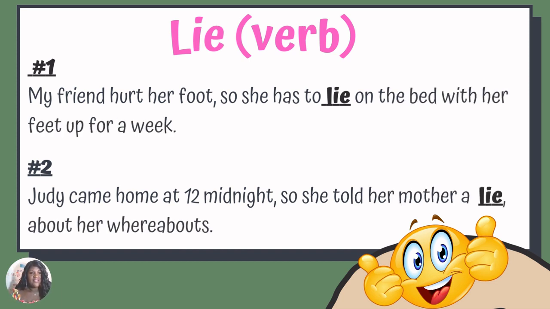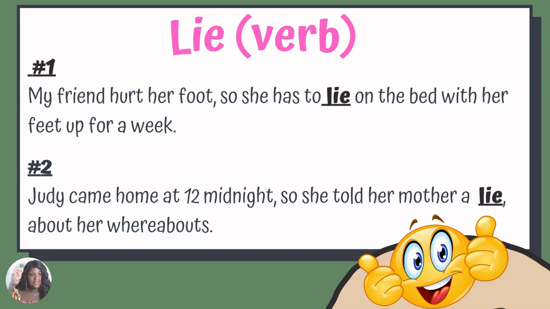My friend hurt her foot, so she has to lie on the bed with her feet up for a week. Lie, to physically place yourself in a position to lie flat on a bed or wherever. You're physically placing your body in a position.